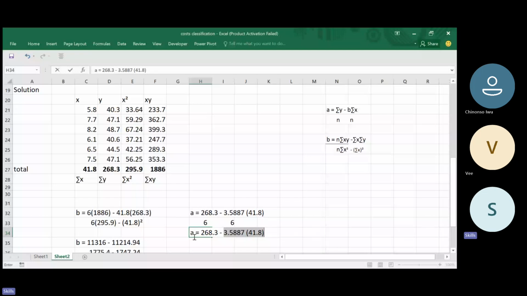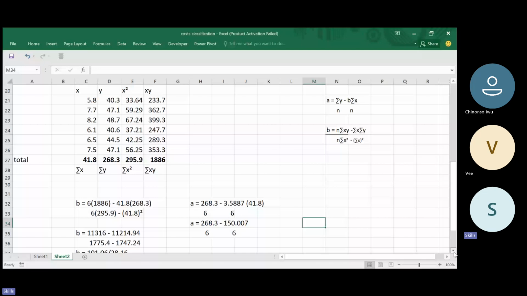So it's 150.007. So now all over 6. This is divided by 6.